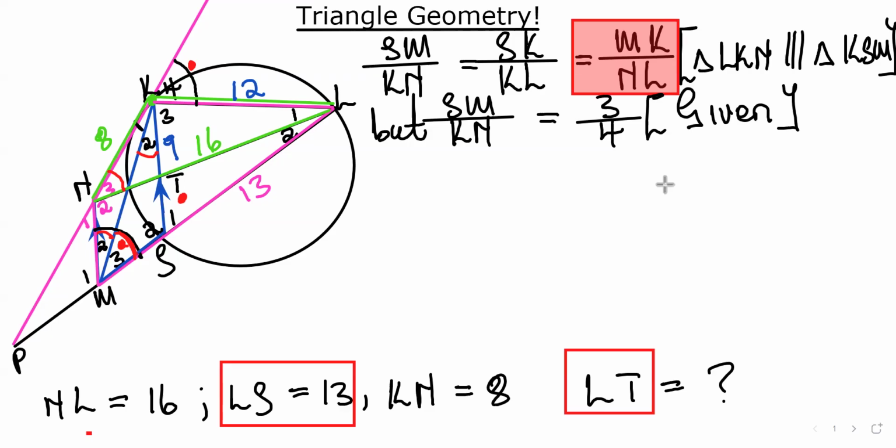However, if you look at this carefully, you actually realize that these sides are there in the proportionality theorem, except KN, of course. And yes, we do have the proportionality theorem because we have a triangle, which contains the parallel lines NM and ST. So yes, we can use that.